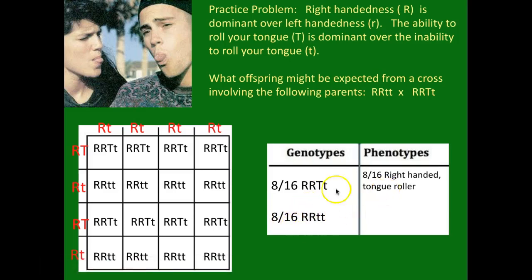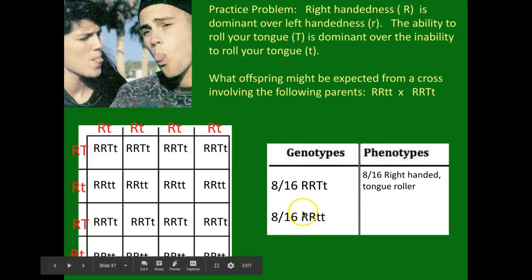So half of them will be right-handed because it's homozygous dominant. And then they will be tongue rollers because it's heterozygous. Again, this is a dominant allele. So therefore, the principle of dominance and recessiveness says if there's one dominant allele, then it will mask the recessive trait.